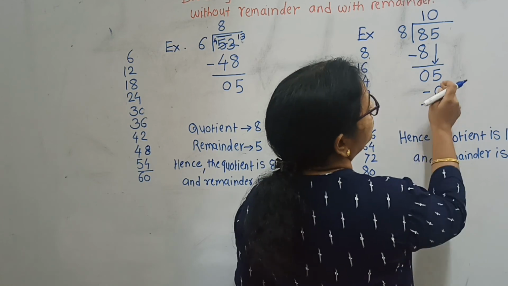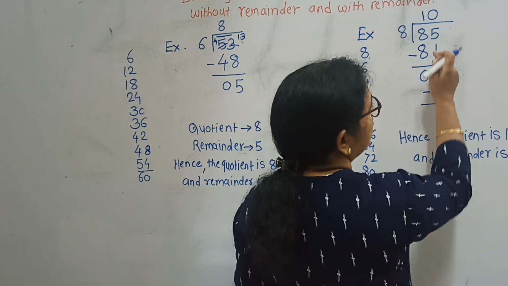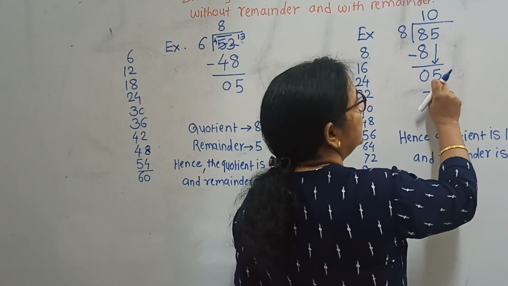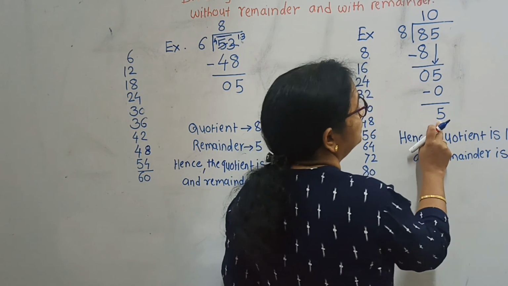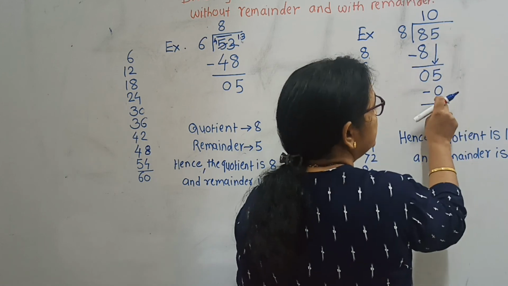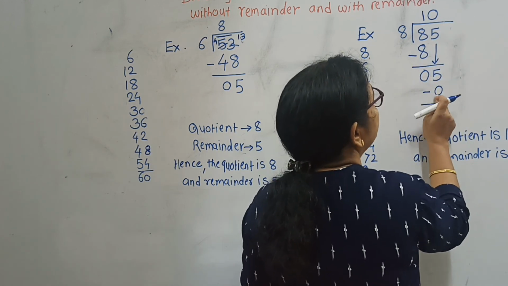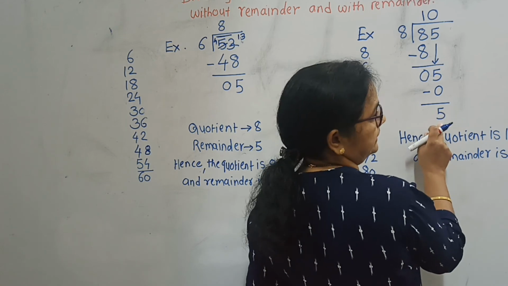If it is remainder, then it's okay. But we take this 5 down from this dividend, so we have to do this step. So 8 zeros are 0, and then 5 minus 0 is equal to 5. Now this is the remainder.